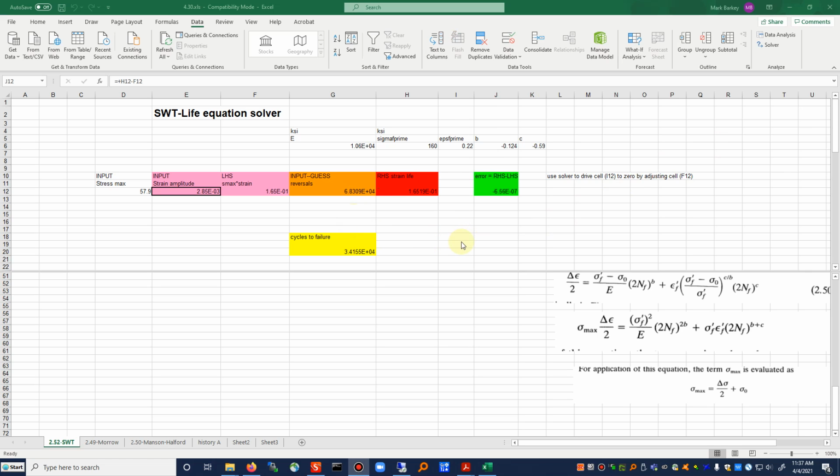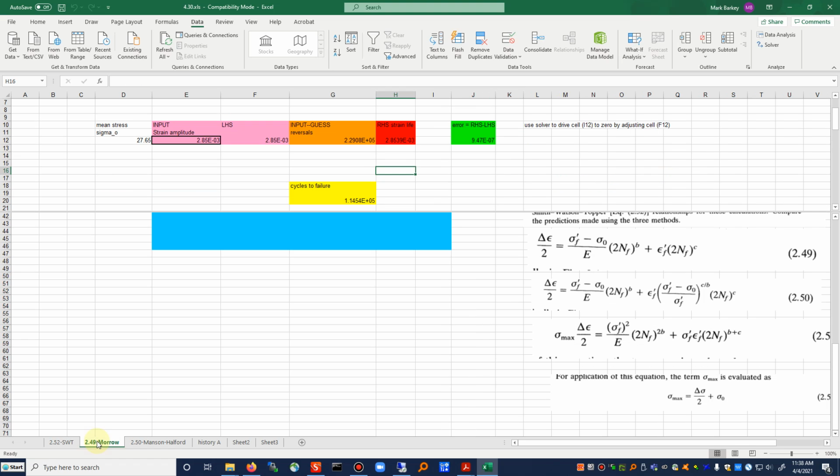All right, let me write these numbers down, and let me check with some work I've done previously. So Smith-Watson-Topper, 3.415 times 10 to the 4. Morrow, 1.145 times 10 to the 5.